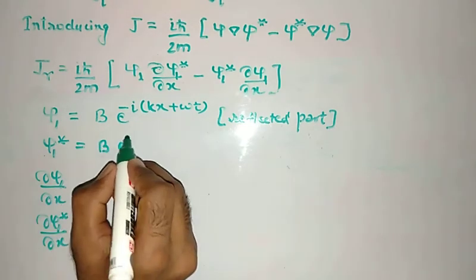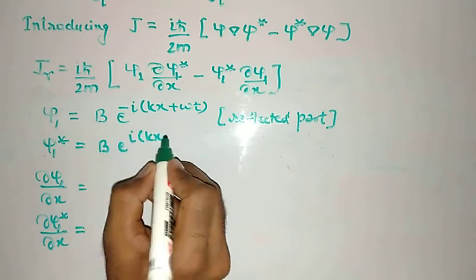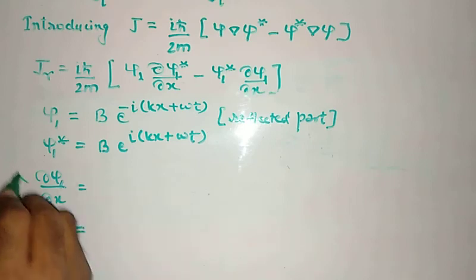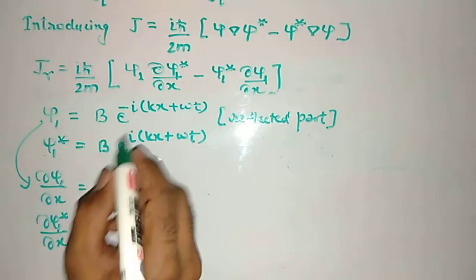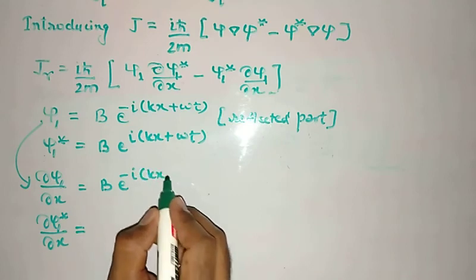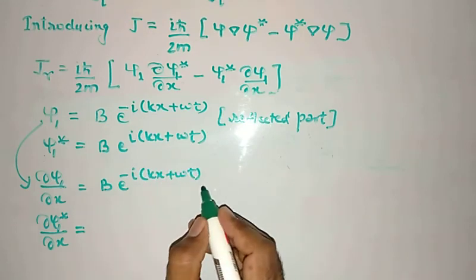now differentiating this one from here, this will be minus I k1, since the exponent is minus I k1x plus omega t.